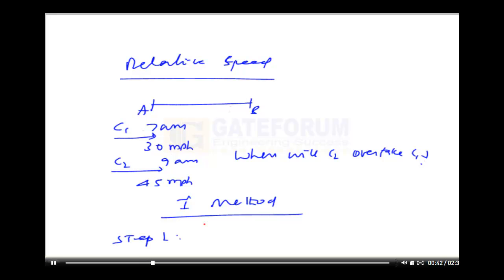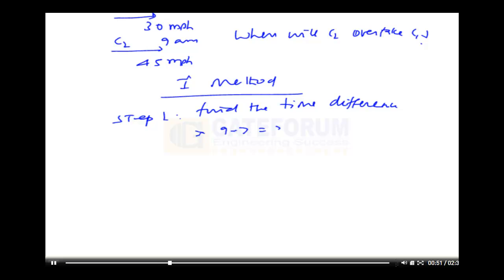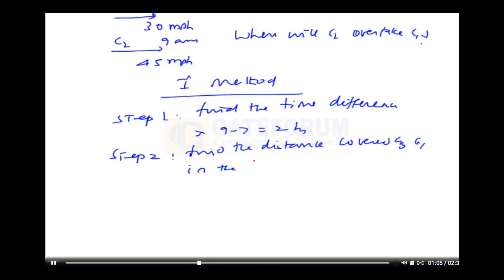Step 1 is to find the time difference. In this case, it is 9 minus 7, 2 hours. Now, all these 2 hours, cyclist 1 is traveling at 30, so you have to find the distance covered by C1 in the time difference.